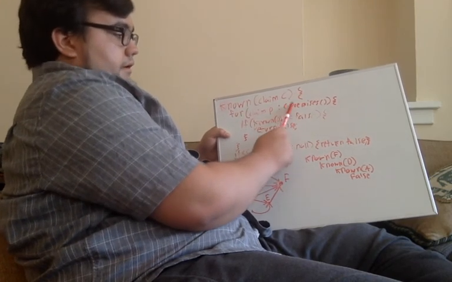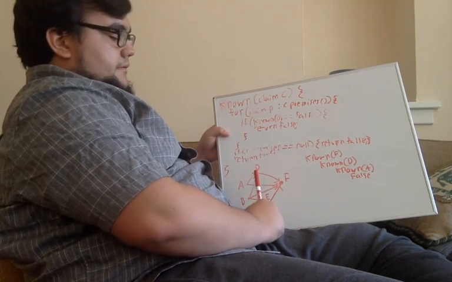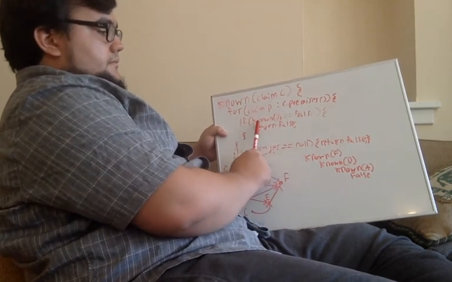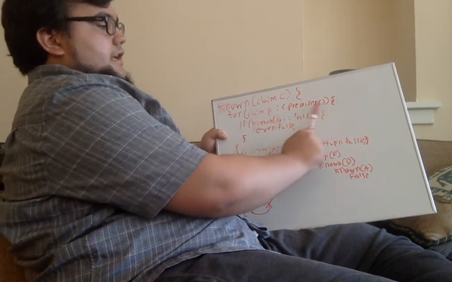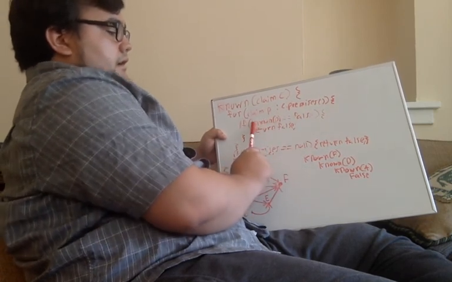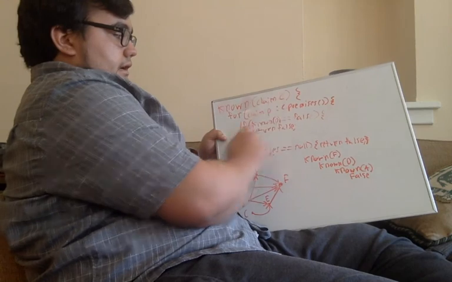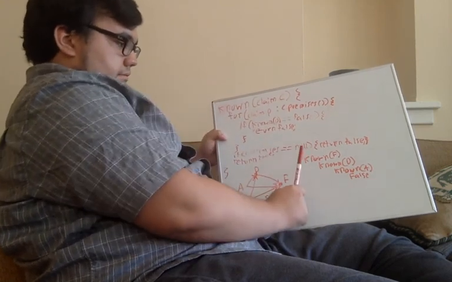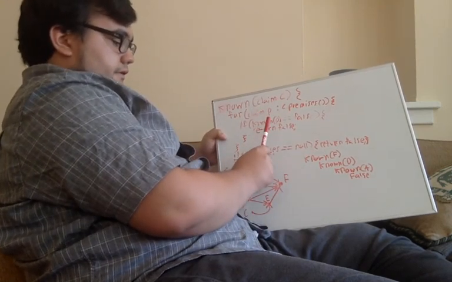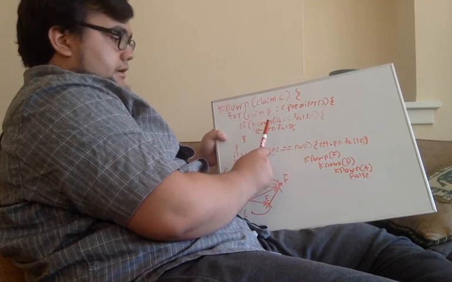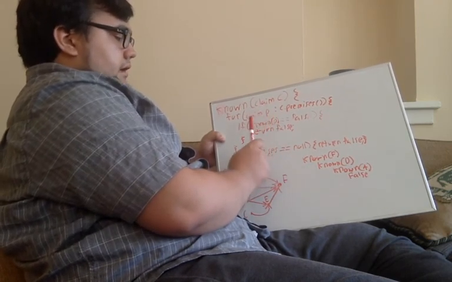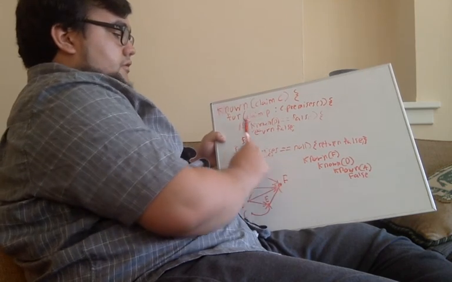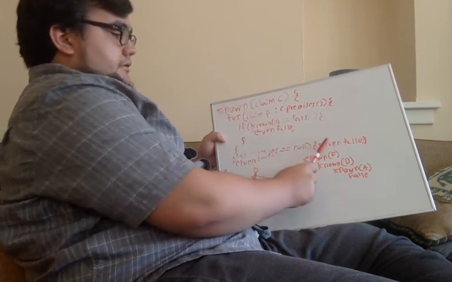The first thing we checked was D. The first thing in the set of premises is D, so we call known of D now. And the first premise in D's set of premises is A, and A has no premises, so this actually returns false.